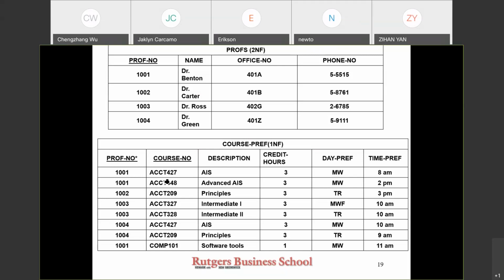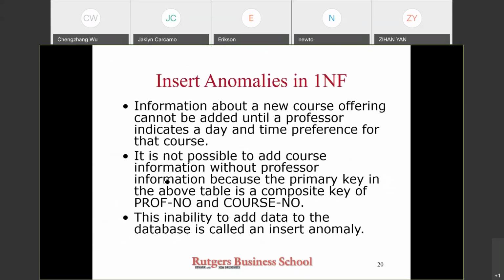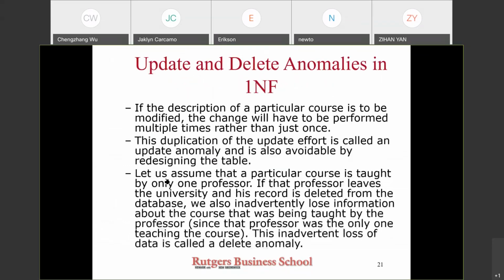Let's see how to avoid it by redesigning the course preference relation. So this is insert anomaly. And next, let's discuss update and delete anomaly.